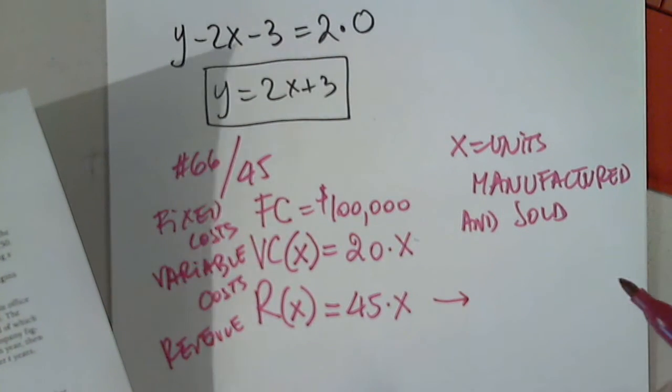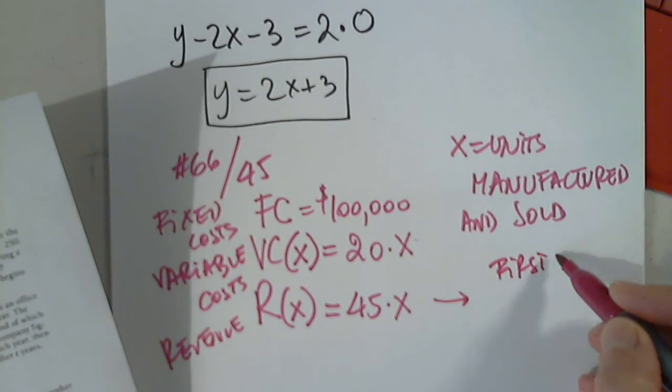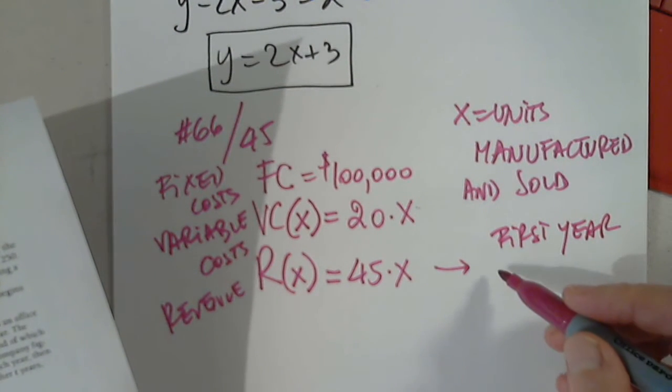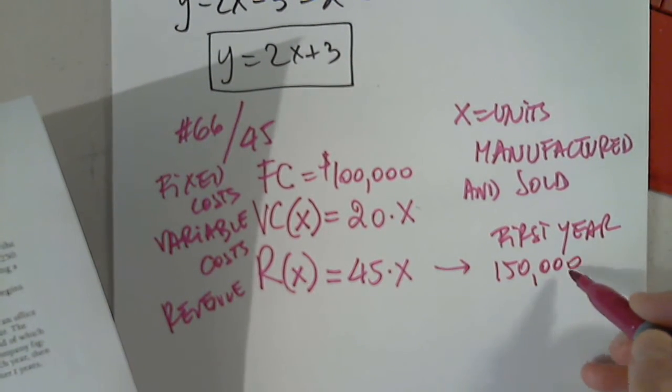And they say that in the first year they predict to sell 150,000 calculators.